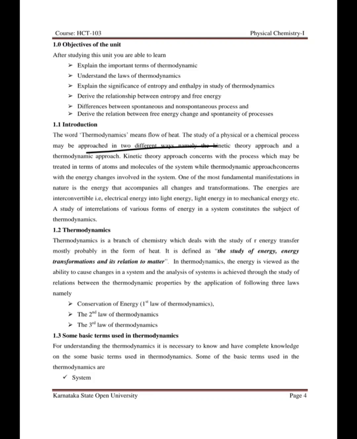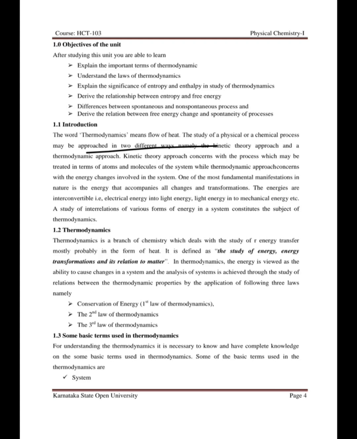The study of physical and chemical processes may be approached in two different ways. One is the canonical theory, which is used for the study of thermodynamics, and the next is the thermodynamic approach. So two different approaches we are going to study.